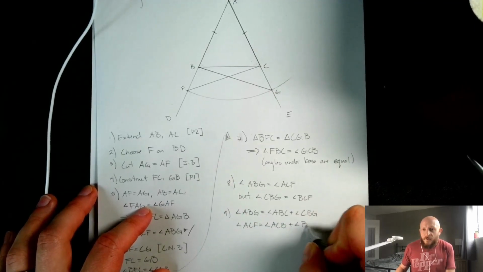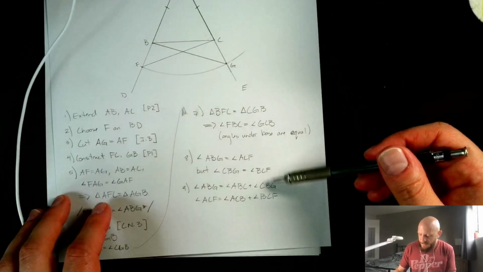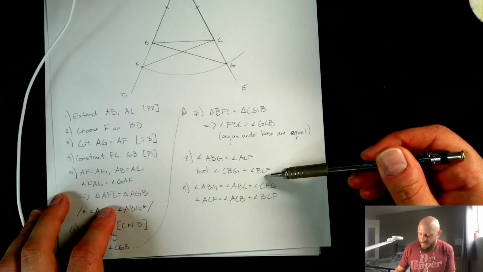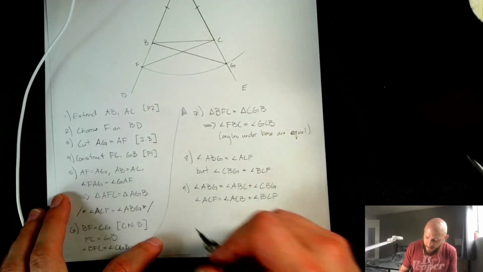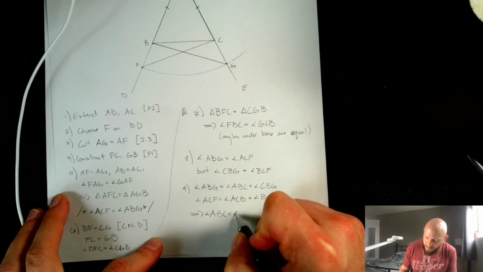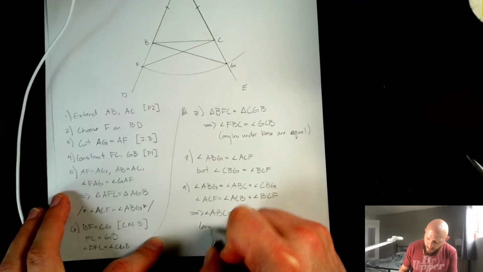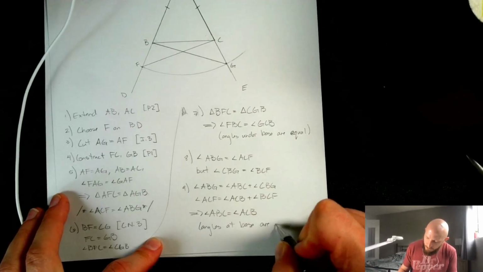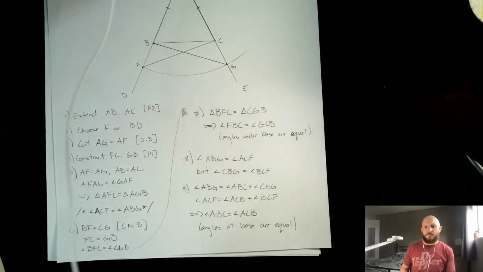But we just showed that CBG and BCF are the same. So, since ABG and ACF are the same, we conclude that angle ABC equals angle ACB. So angles at the base are equal. And that is what we set out to prove.